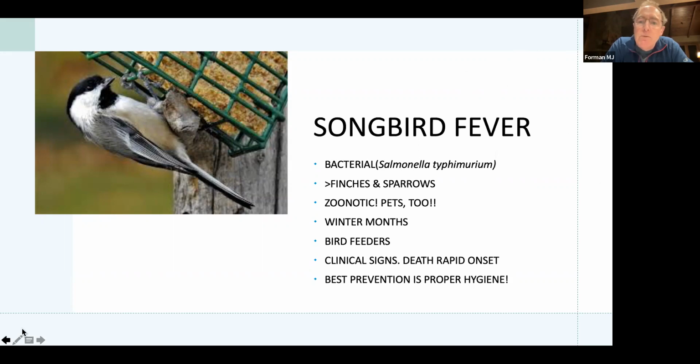That was one of the bacterial cultures that we would have to test for before those birds would be allowed to move interstate. As far as the pet bird population is concerned, we tend to see this more prominently in finches and sparrows, and obviously we have a high population of both of those species here.